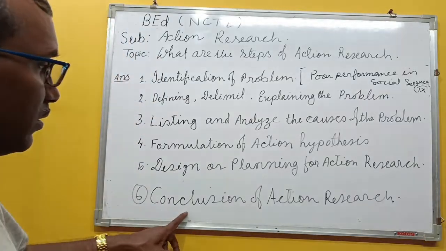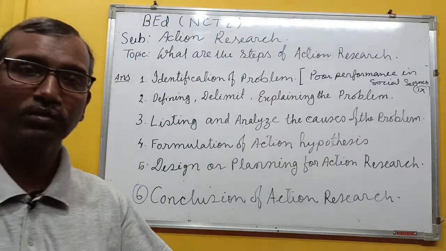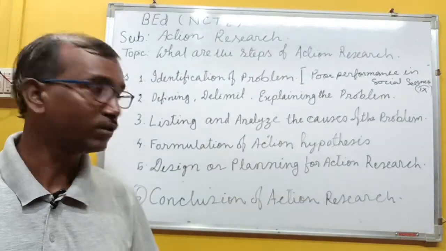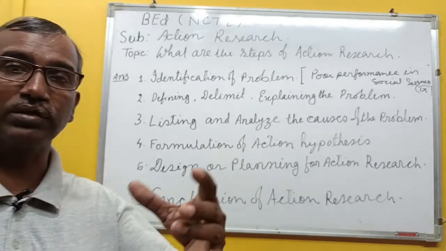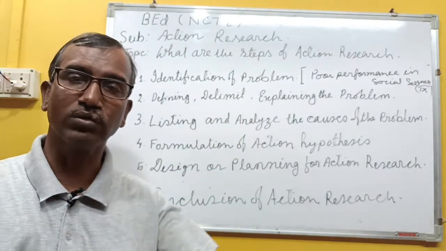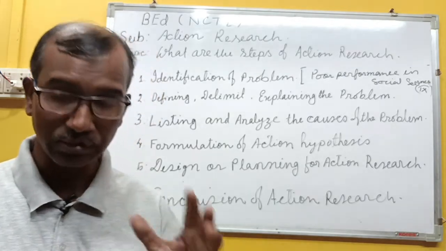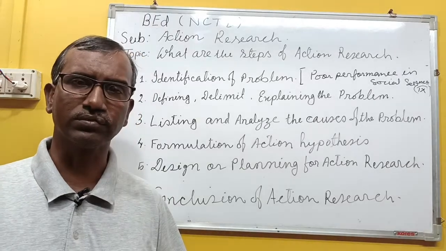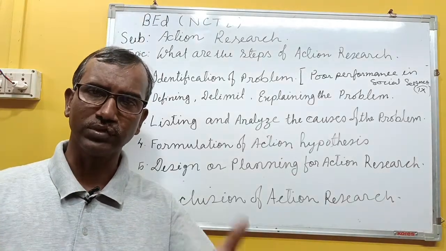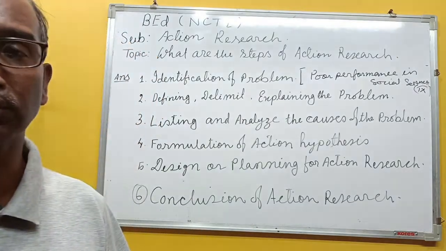And finally, the teacher will come to the conclusion. According to the hypothesis, the teacher will apply some new method of teaching in class 9 to teach social science. The teacher may arrange time to time discussion, lecture cum discussion. The teacher may give some project work.